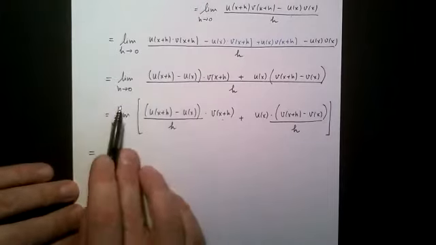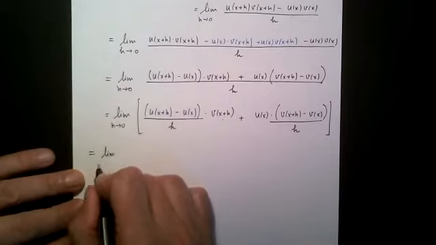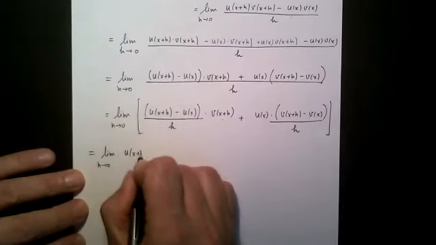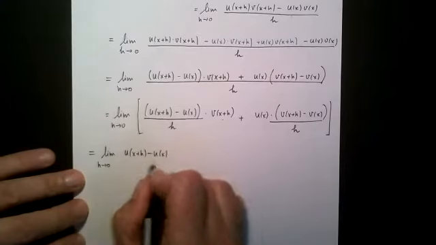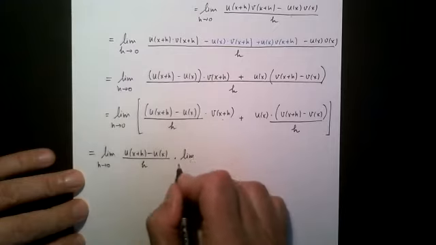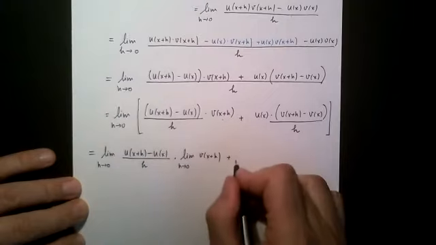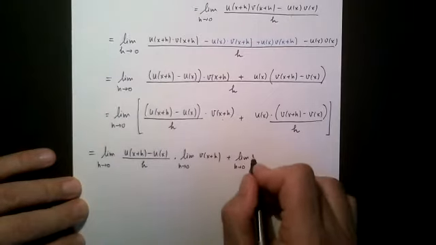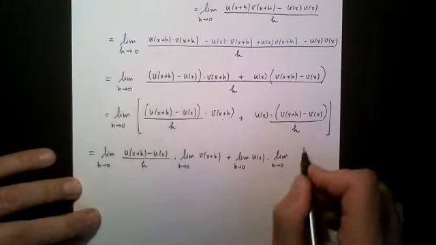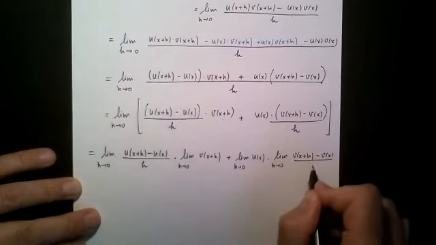And now I'm going to apply the limit on each of the terms. So equals the limit as h approaches 0 of u of x plus h minus u of x over h, times the limit as h approaches 0 of v of x plus h, plus the limit as h approaches 0 of u of x, times the limit as h approaches 0 of the last fraction, v of x plus h minus v of x over h.